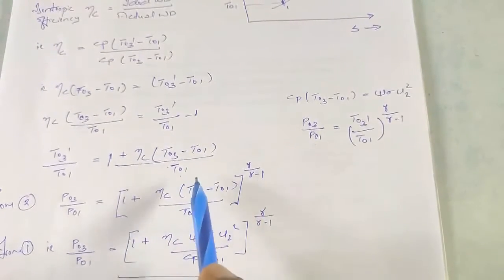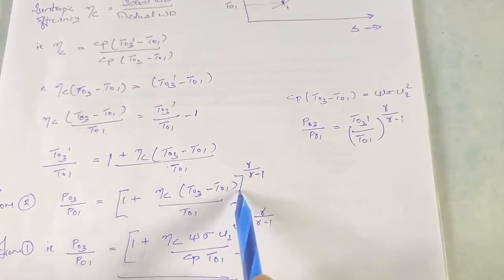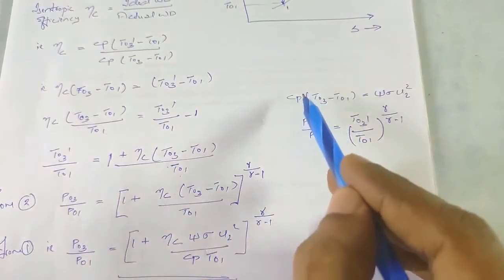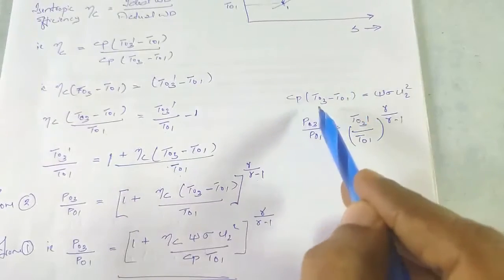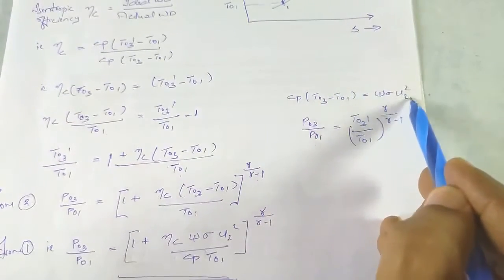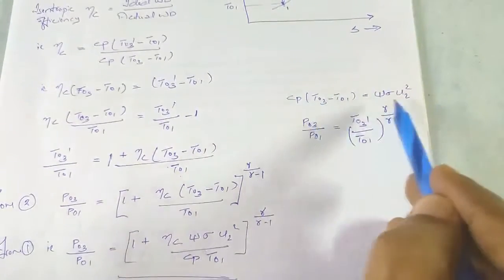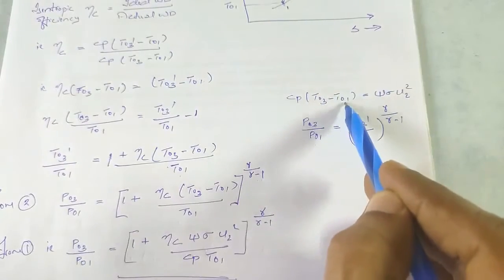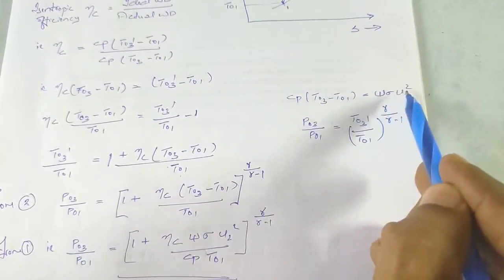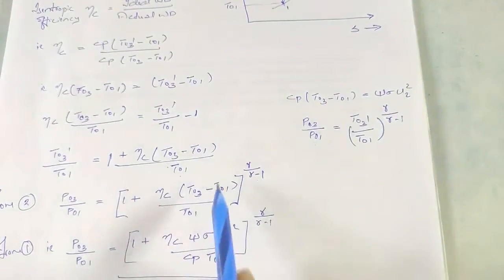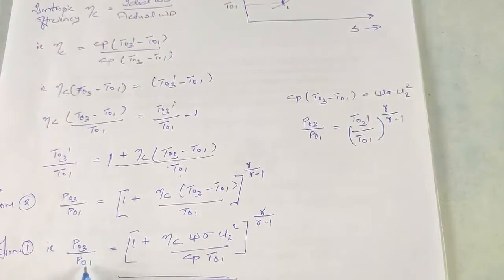Now consider this term T03 minus T01. It is equal to psi sigma U2 square by Cp, so Cp will be coming to this side. Substituting here, P03 by P01 is equal to 1 plus eta C psi sigma U2 square by Cp, divided by T01, all raised to gamma by gamma minus 1.